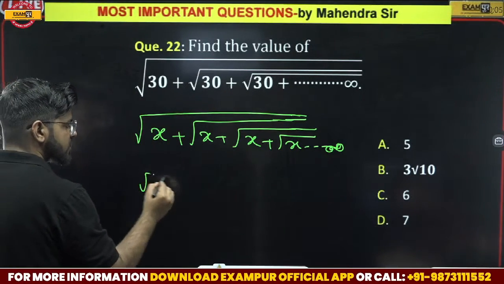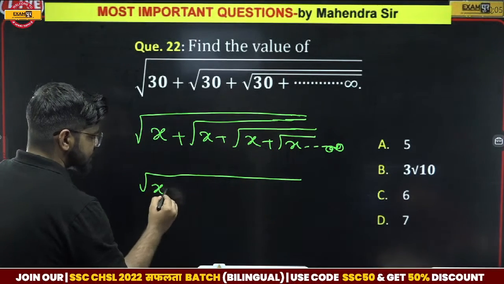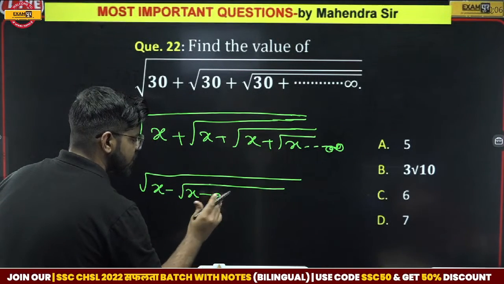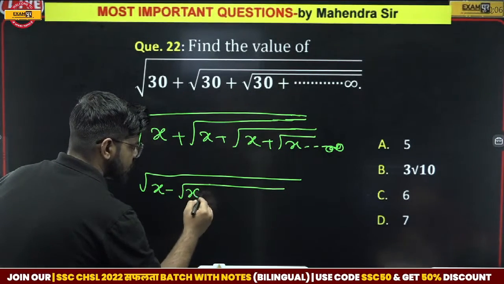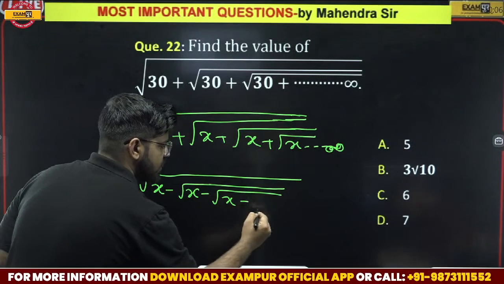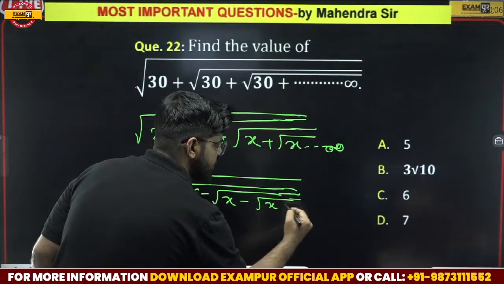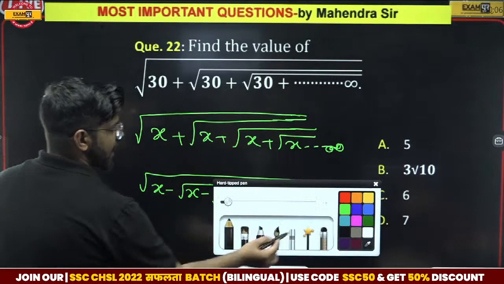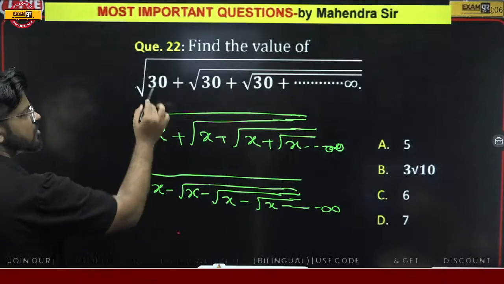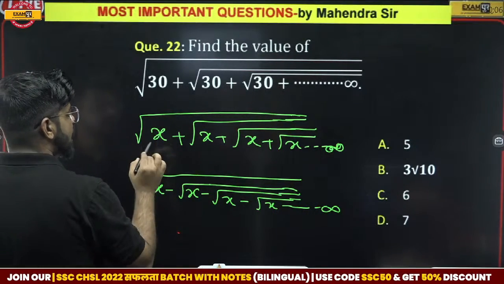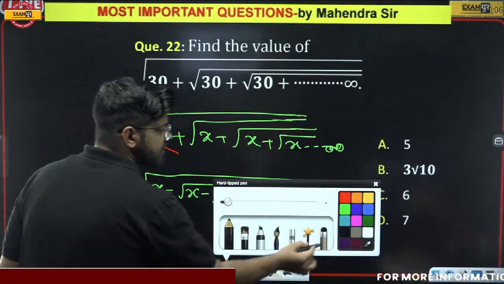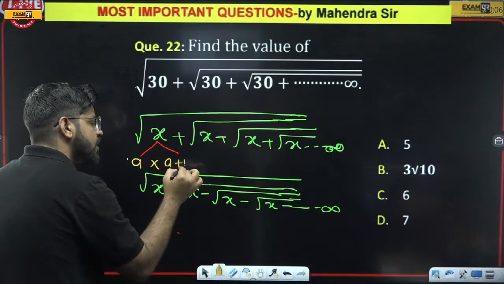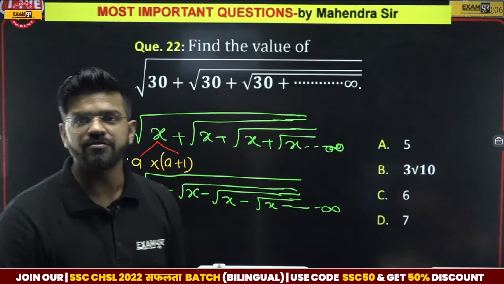And one more thing, if it is x minus x, up to infinity. So if I take the same number, okay, here also x, suppose x is nothing but 30, and if we convert this x into something like a into a plus 1, the difference of 1 or the consecutive multiplication.